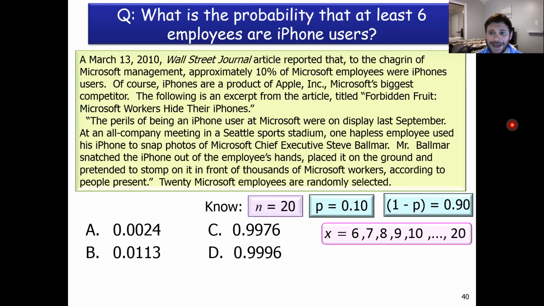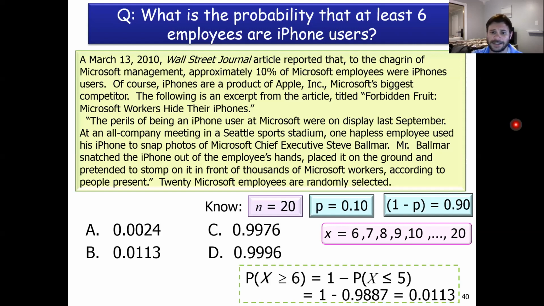So if I went back to the table and found the table value corresponding to 5 or fewer successes, which we actually saw on the last example, we could take 1 minus that table value, and we would be able to calculate that the probability of 6 or more successes, from 6 to 20 folks with iPhones at Microsoft, given that we sampled 20 employees, will be around 1%, or 1.13%, as we see here.